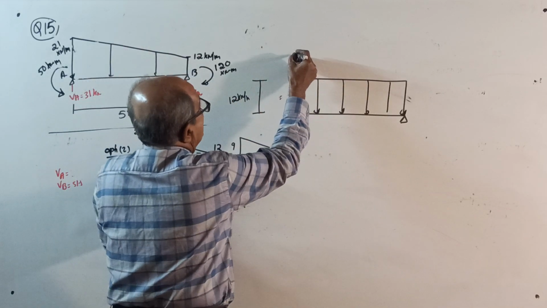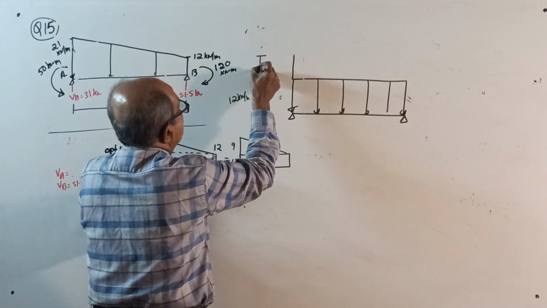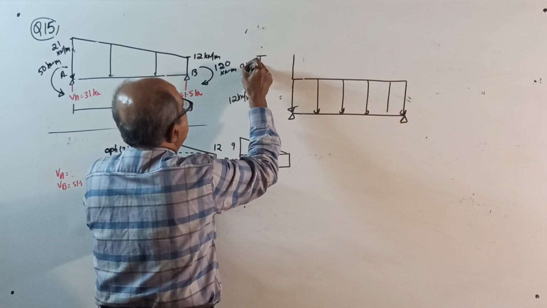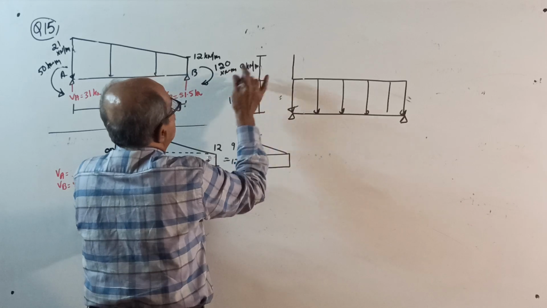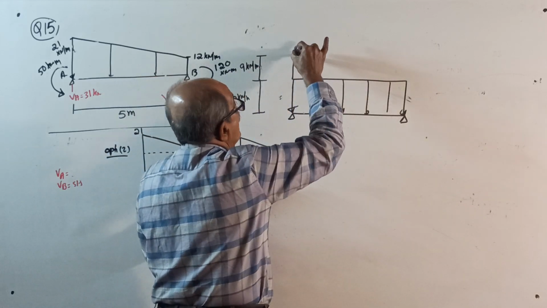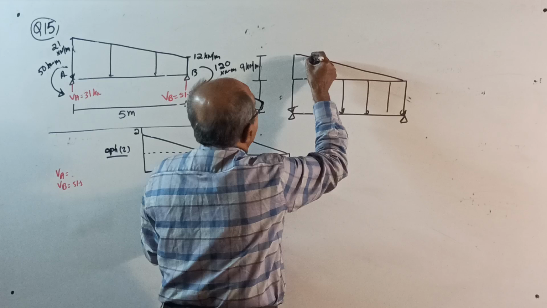Then one triangle load, this is 9 kN per meter. Stagger the arrow marks.